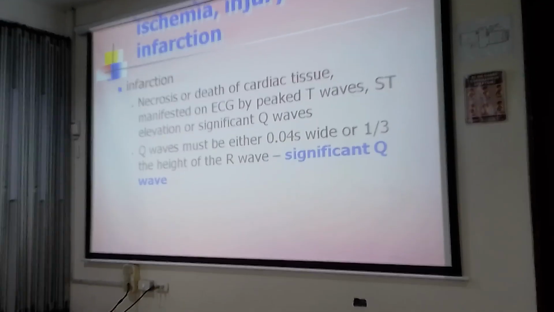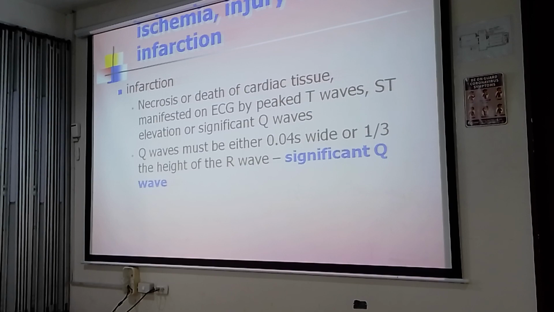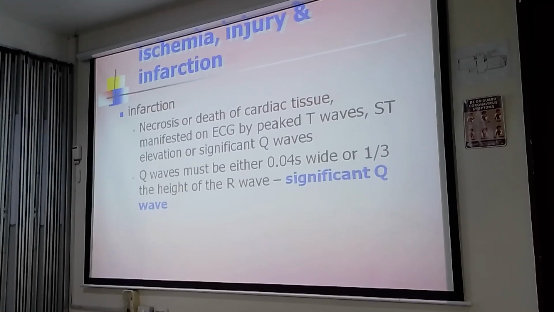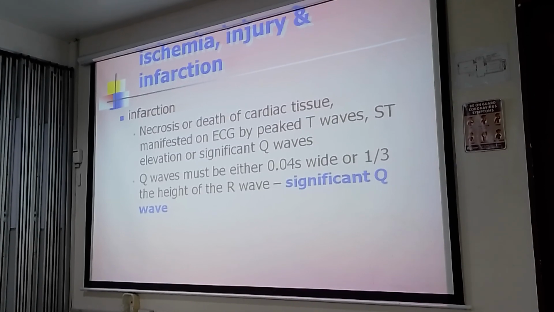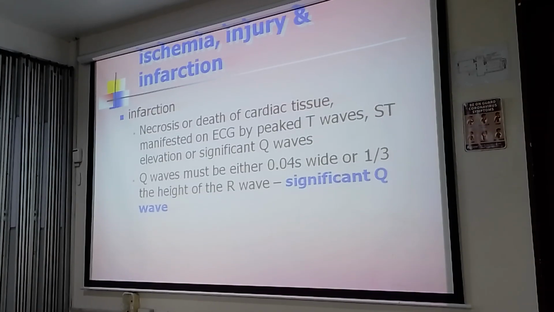The pathologic Q waves are those that are wide enough, 0.04 seconds, which is 1 small square. And depending on the R wave amplitude, if the height of the R is 8 mm, 25% is 2 mm, so the Q wave should be 2 mm deep.